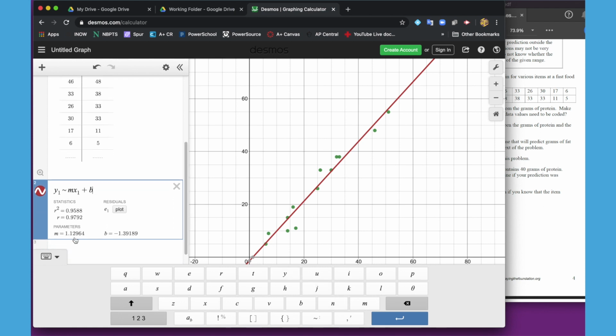It tells me what my slope is, that it's a positive 1.1296 or 0.13, and a y-intercept of negative 1.39.